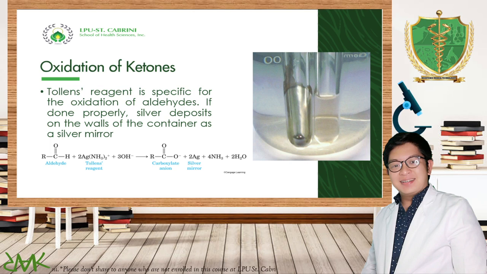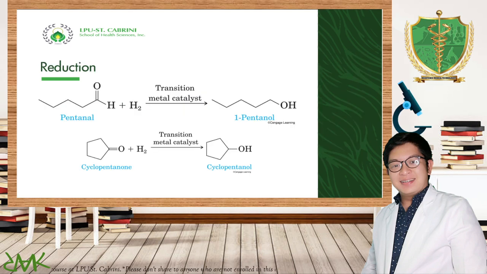Again, there is a silver mirror deposit, almost similar dun po sa likod ng salamin. As you can see in this illustration, it's like that. I hope that you were able to discuss this in laboratory.